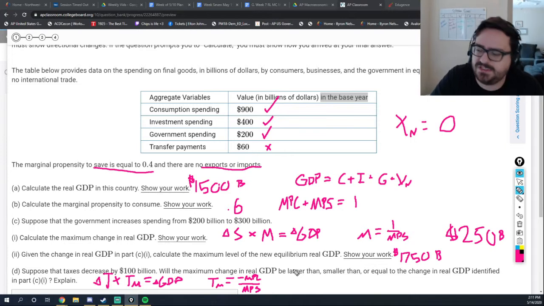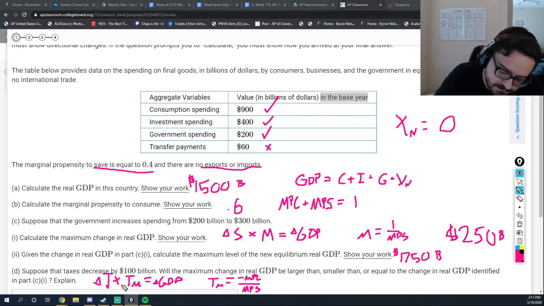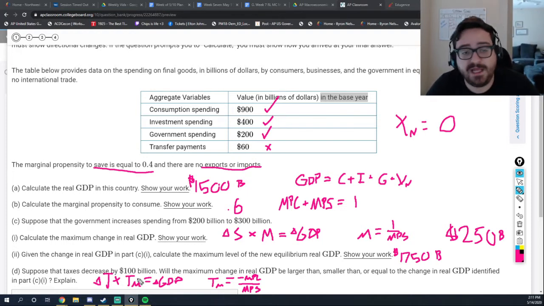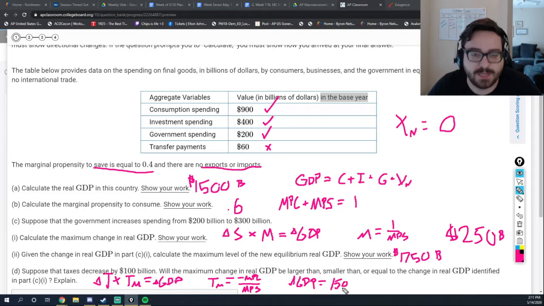So when I'm plugging numbers into this formula right here, what I should be plugging in is negative 100 billion, because they decrease taxes by 100 billion, times negative 1.5, because that's what my tax multiplier would end up being, would equal my change in GDP, which means that my change in GDP would be 150 billion, because 100 times 1.5 is 150.